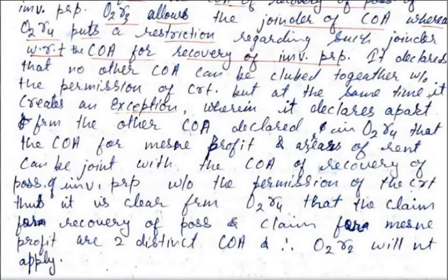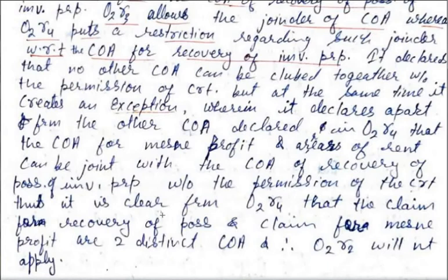But at the same time, it creates an exception wherein it declares, apart from the other causes of action declared in Order 2 Rule 4, that the cause of action for mesne profits and arrears of rent can be joined with the cause of action of recovery of possession of immovable property without the permission of the court.